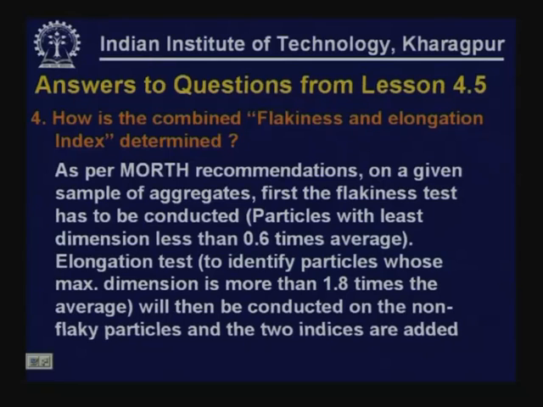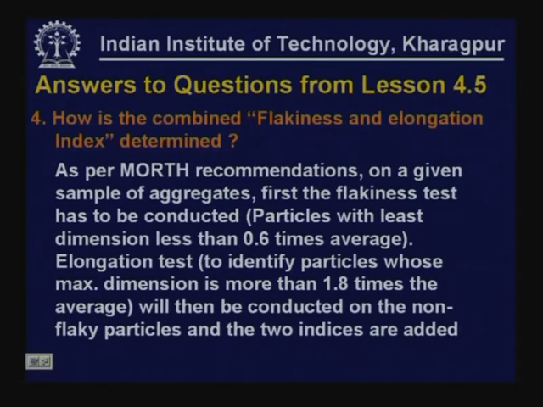The fourth question was, how is the combined flakiness and elongation index determined? As per the MORTH recommendations, we know how flakiness test and elongation test are to be conducted. Flakiness is determining the percentage of particles with least dimension less than 0.6 times the average dimension of a particular fraction. This we discussed earlier.